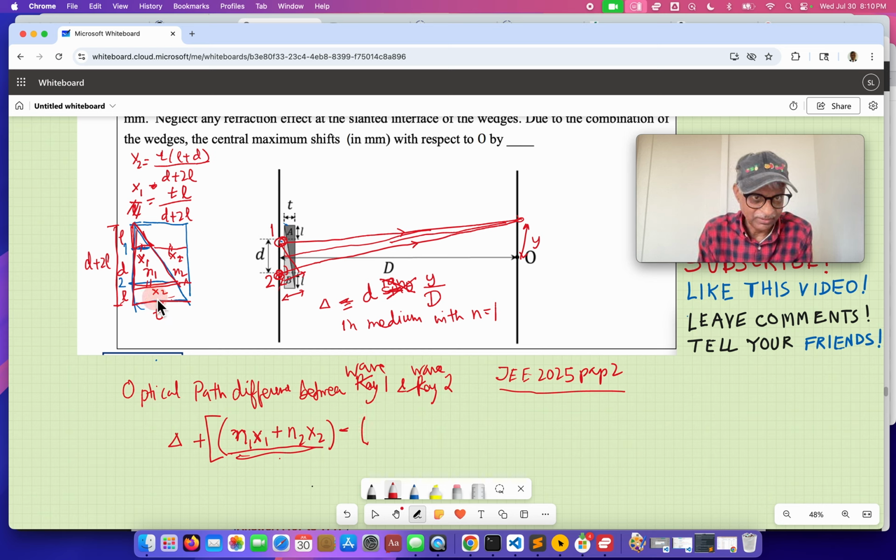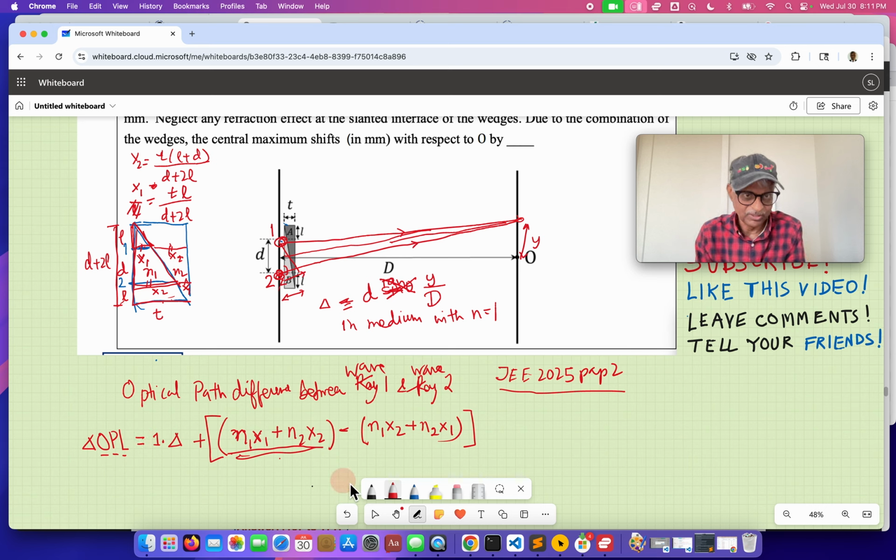For that you'll have n1 x2 plus n2 x1. For this other ray, it's just going to flip, because this x2 and this part becomes x1. And the refractive index here is 1. So this is the OPL, the optical path length difference in the two directions.